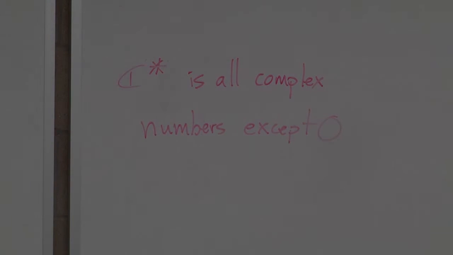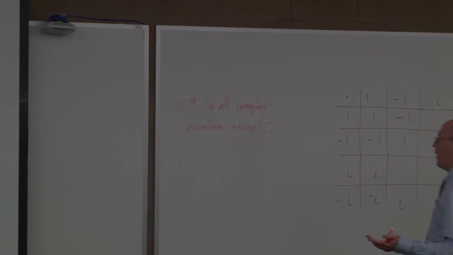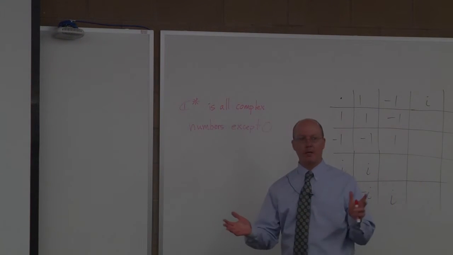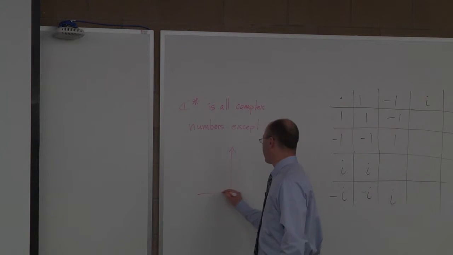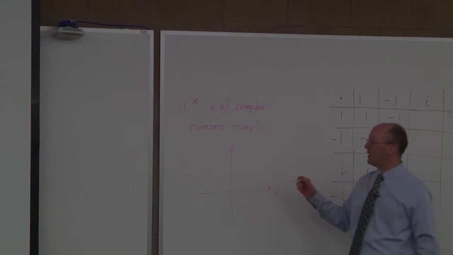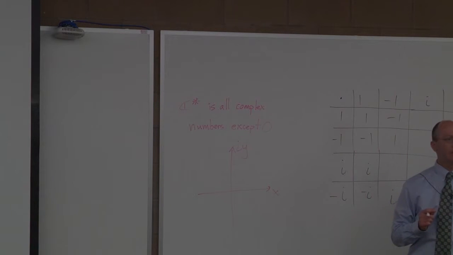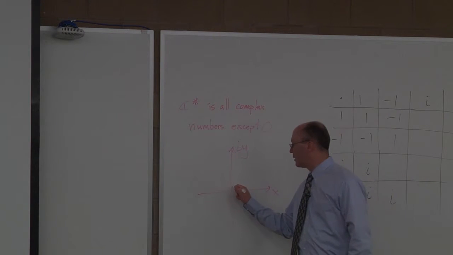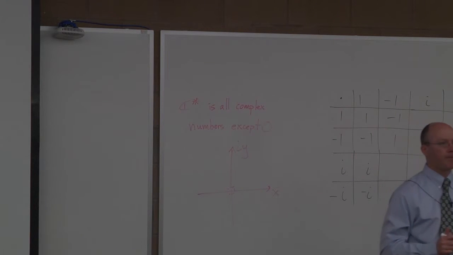I'm going to throw 0 out because you're not allowed to divide by 0. If you were here last Friday, there was a talk about the complex numbers. The complex numbers form a plane. We think of the real part as being the horizontal axis and the imaginary part as being the y-axis. And all I'm doing here is kind of deleting the center, saying throw that point away.